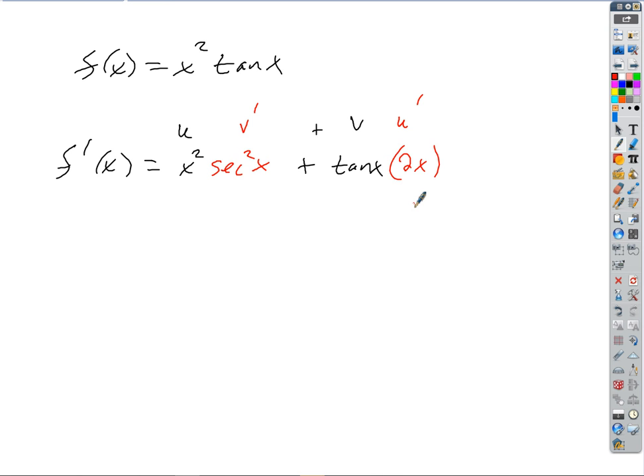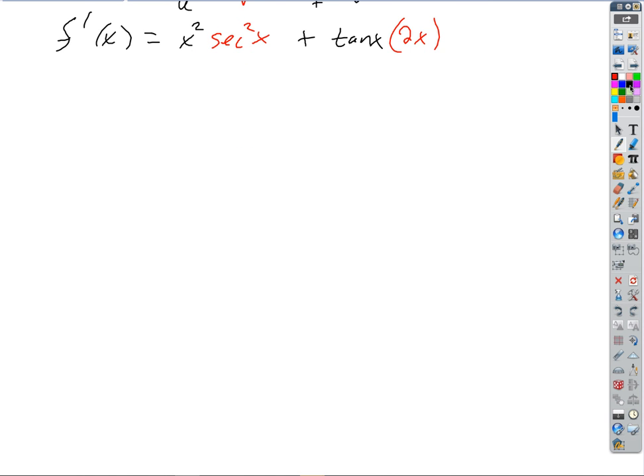So everybody get that? If you've got a product rule inside the quotient rule, just real quick, think about what that's going to be like. I want to make one with e to the x, it'd be easy, right? So if you had something like f of x equals e to the x times sine x over, let's just say, x to the fourth. What's my u?